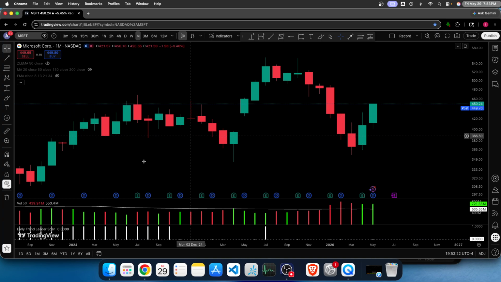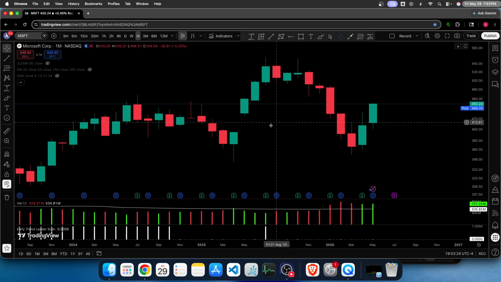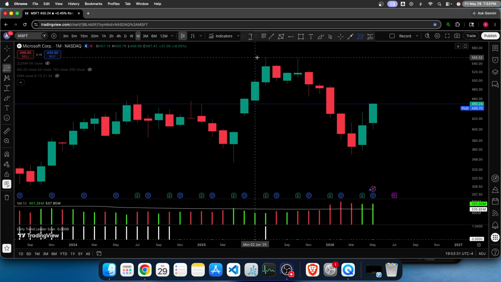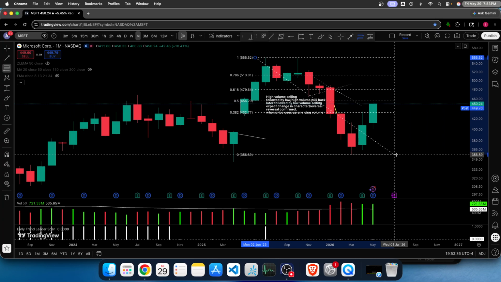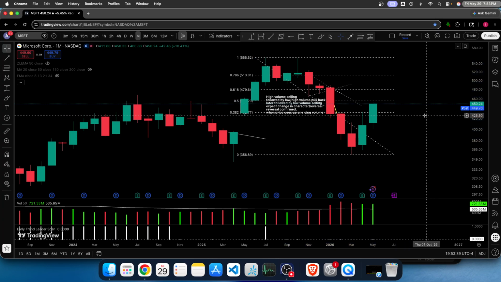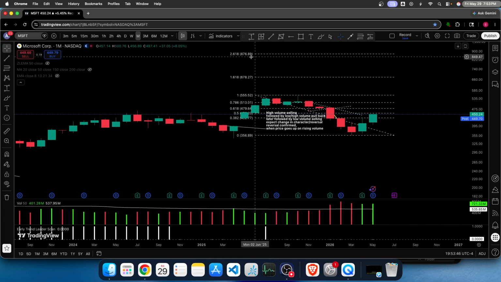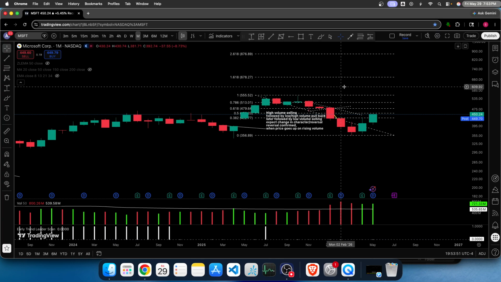So let's look at the long-term projections on the chart. We will use the Fibonacci tool to find the extensions. We take the high and connect it to the low, and let's see what projections we get. The first level is 680, and if the momentum continues, the second level is 870, or you can just approximate 650 for the first level and 850 for the second level.